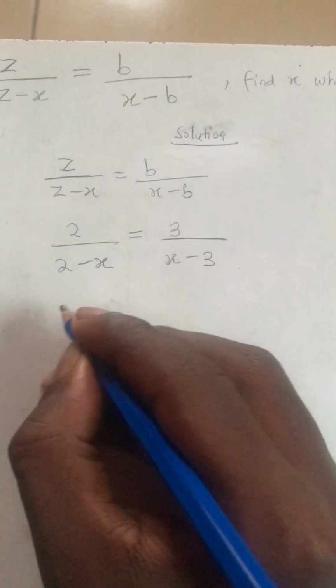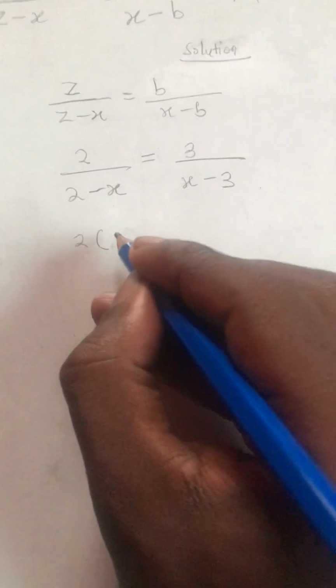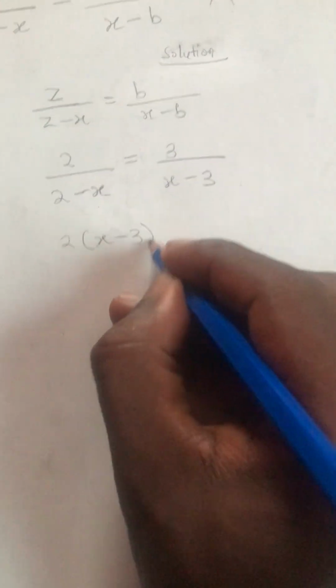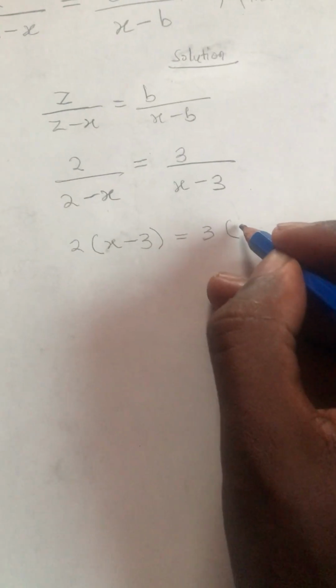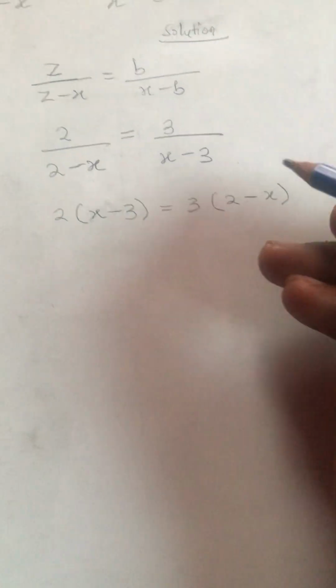So we are going to have our new equation to be 2 multiplying x minus 3 equals 3 multiplying 2 minus x.